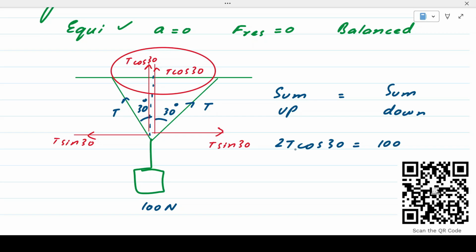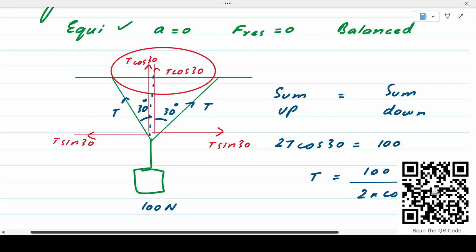From there you can find the value of the tension. So T will simply be equal to 100 divided by 2 cos 30.